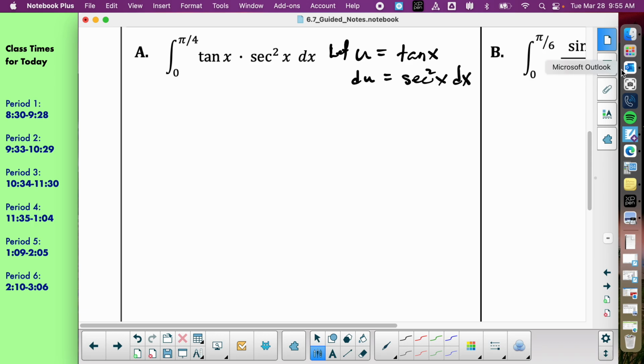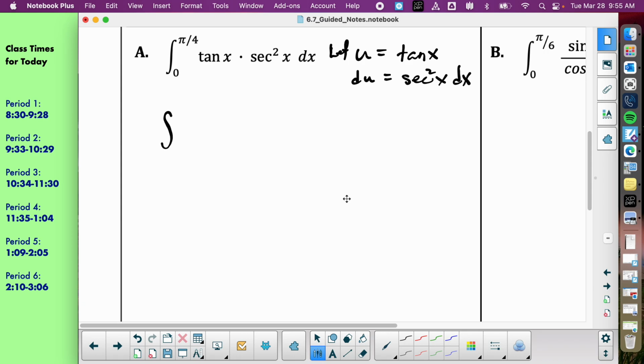Okay, I'm on. How do I put this information in? So you have to find u squared now because the d of u is secant squared. Wait, say it again? Like the integral of u squared.